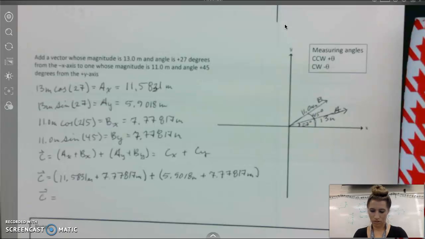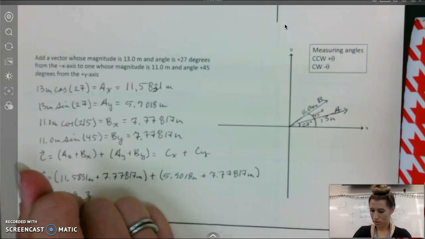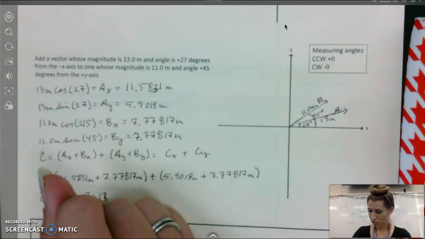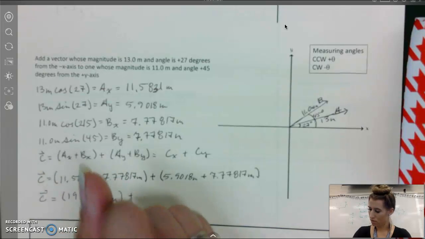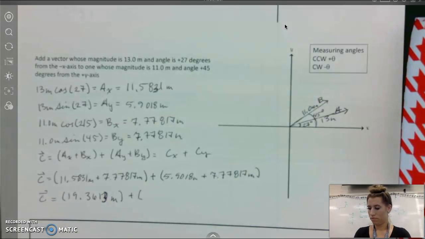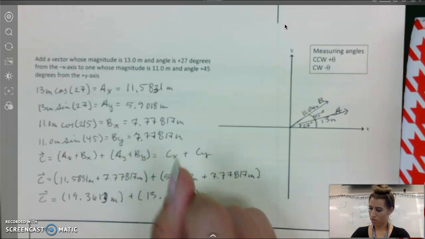Run those numbers. 19.36113 meters plus 13.6801 meters.